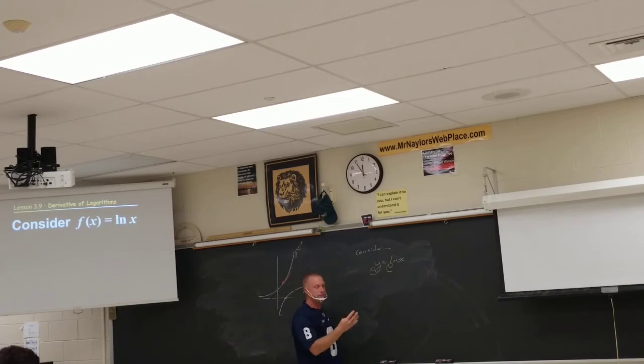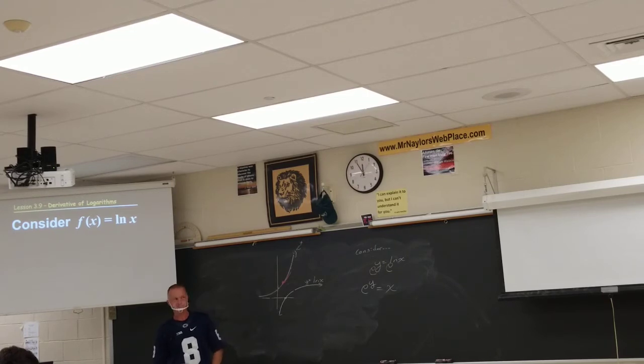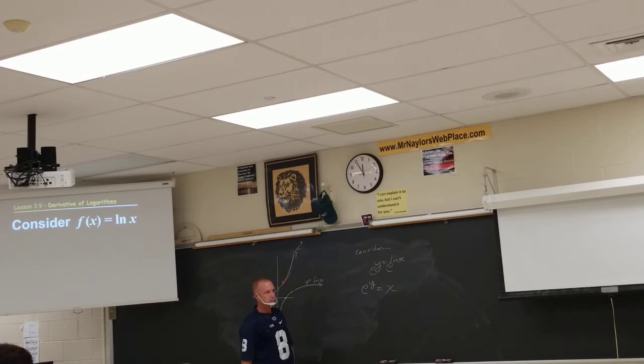I don't mind talking about that again if you don't remember that. You're just taking the base, e, and transferring it over to the other side, rewriting the equation as base e to the y power. But why would I want to do that algebra move?